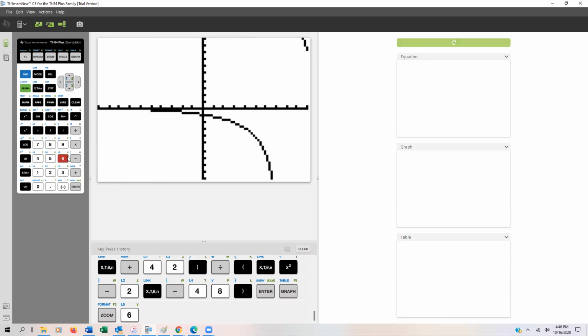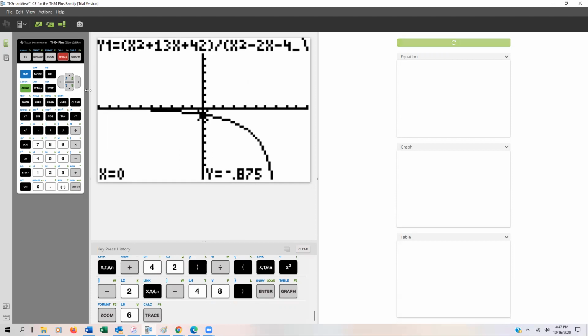What we're going to do is look and zoom. So let's trace the function. I think it's pretty obvious if we trace it and move over. Oh, we need to go towards negative 6.